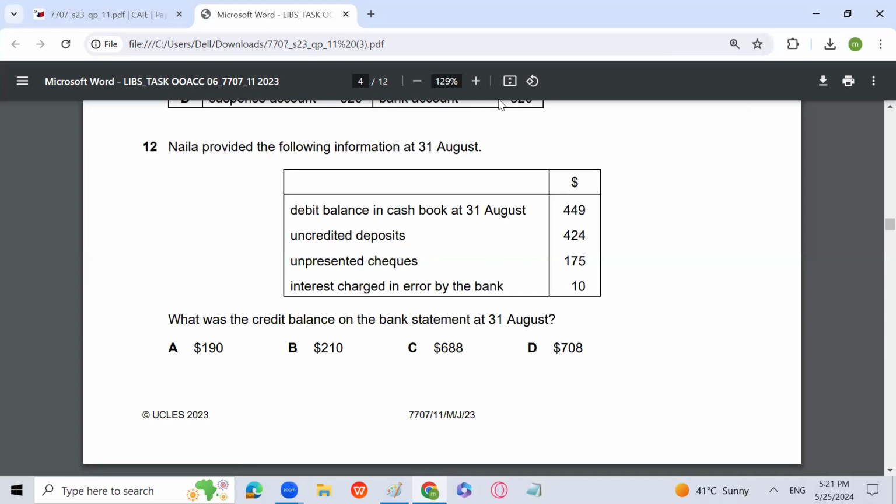And interest charged in error by the bank will also be adjusted. Interest charge means that you have recorded a payment wrongly. You have debited the bank statement wrongly. You have to give it a credit. It means that it will be treated like the uncredited deposits. So it will also be subtracted. You will get the answer accordingly.